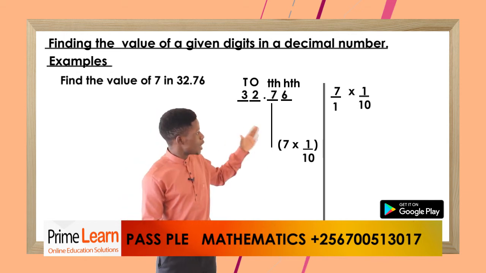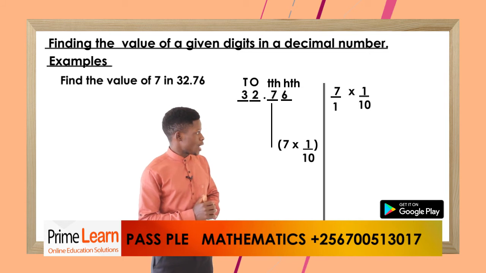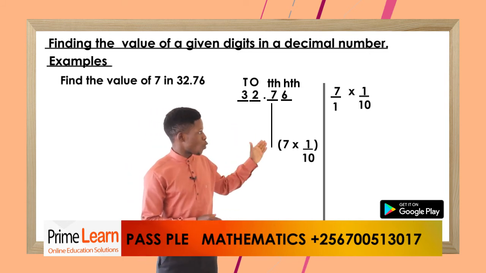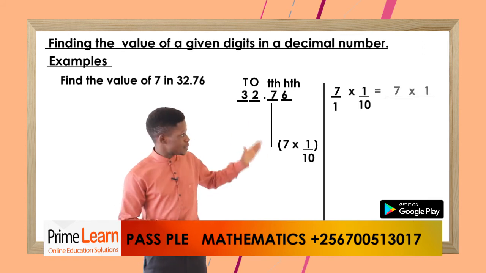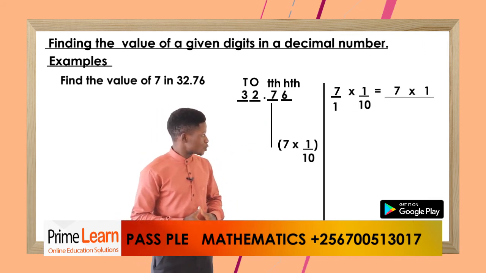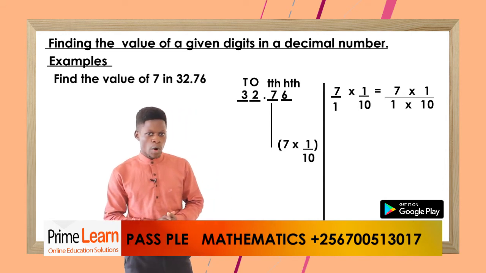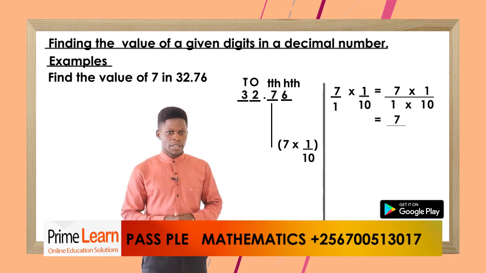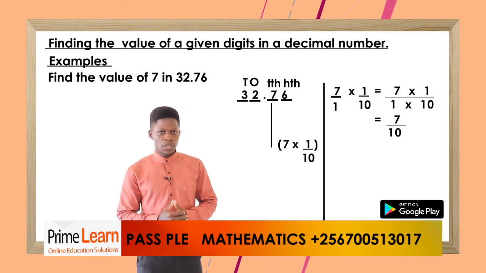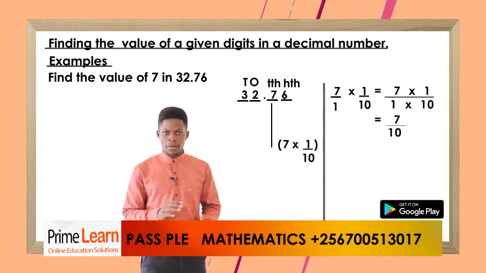The numerators we have are 7 and 1, and the denominators we have are 1 and 10. So we shall multiply 7 times 1 out of 1 times 10. The product of 7 and 1 is going to be 7. And when you multiply 1 times 10, it gives us 10.